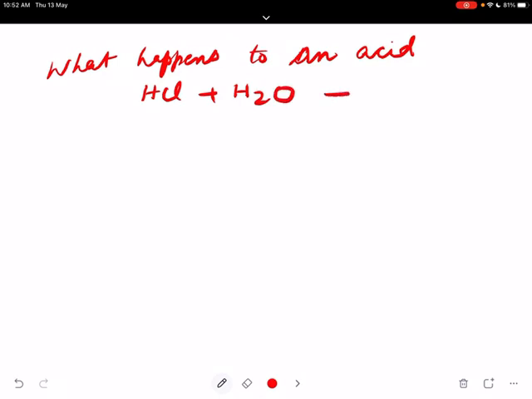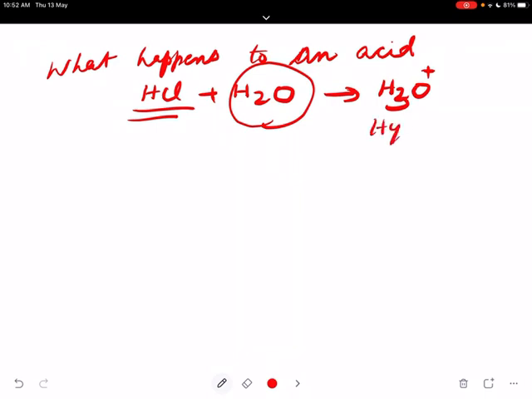In water solution, this H plus ion will be combining with H2O to form H3O plus. In water solution, acid will form hydronium ion, because H plus cannot exist on its own.